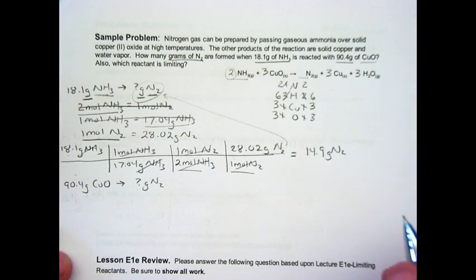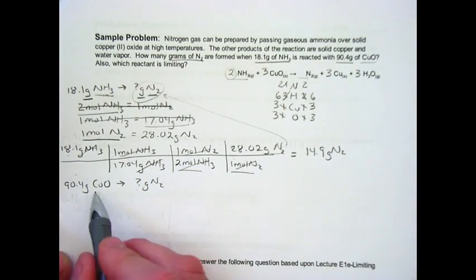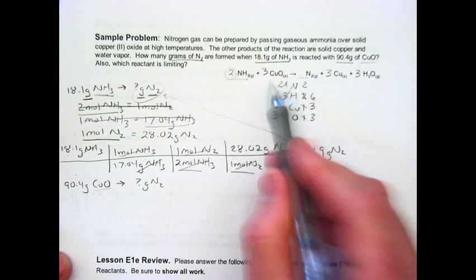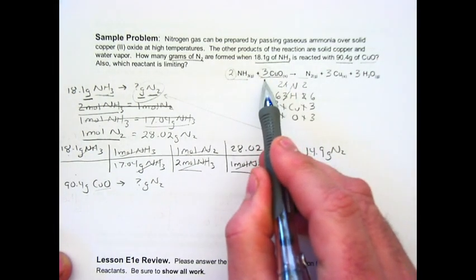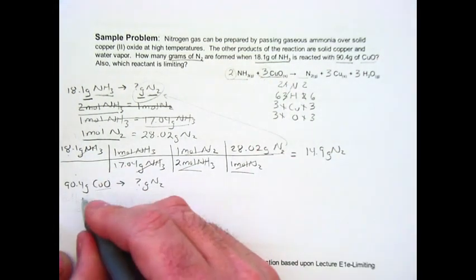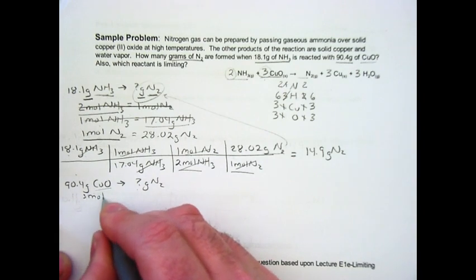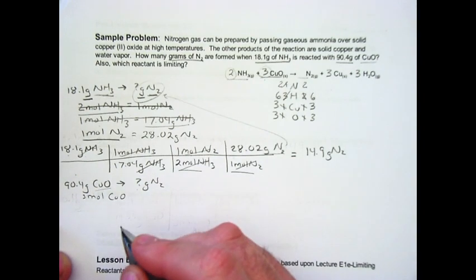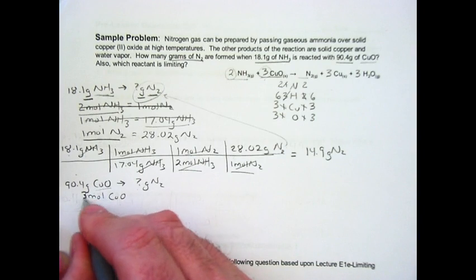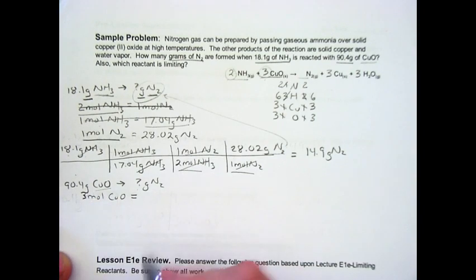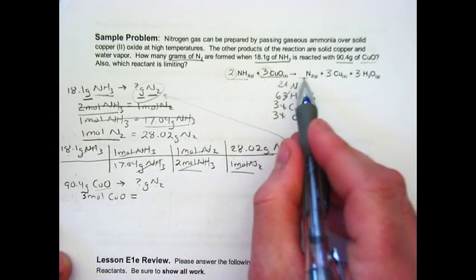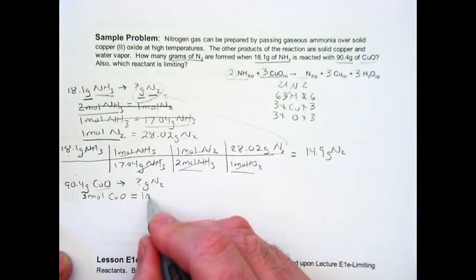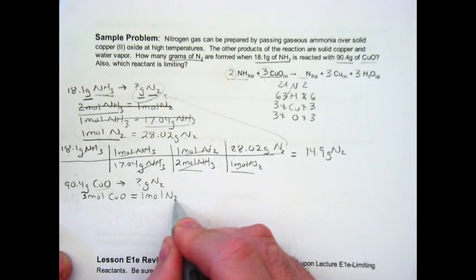The mole ratio now is copper 2 oxide, coefficient is a 3. So I have 3 moles of copper 2 oxide equals, again for nitrogen, coefficient is 1. That's 1 mole of nitrogen.